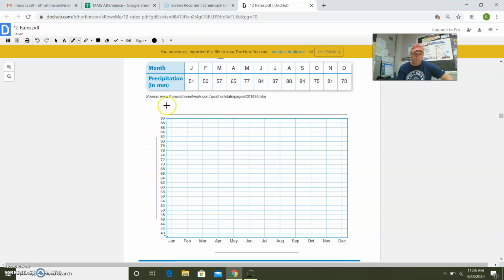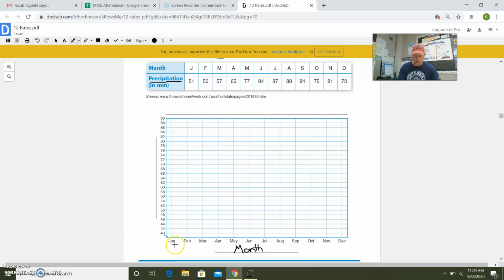And then in parentheses, put millimeters right here. Down in the bottom, you're going to write just the word month. You're just labeling your graph.